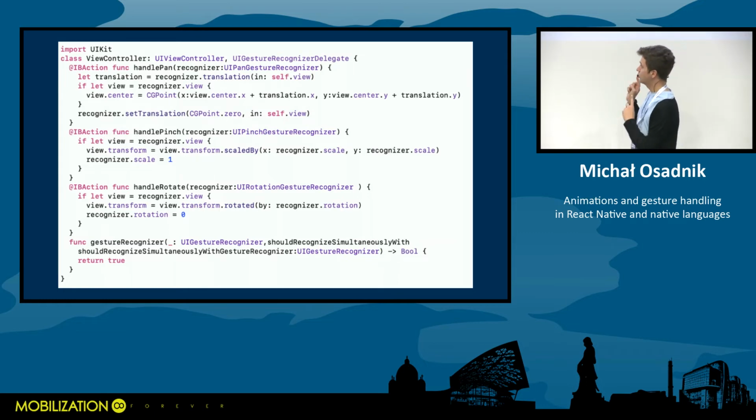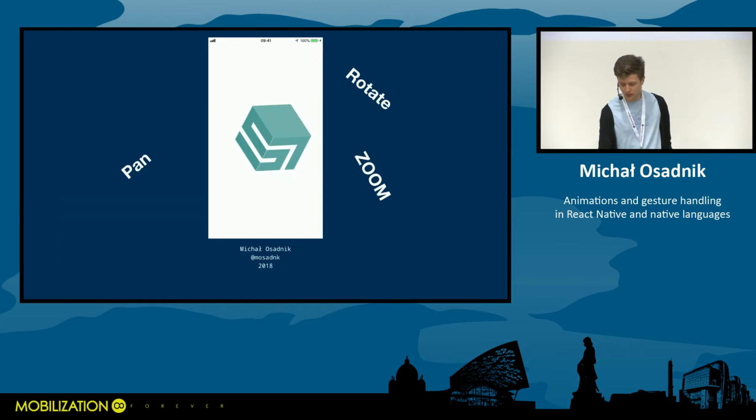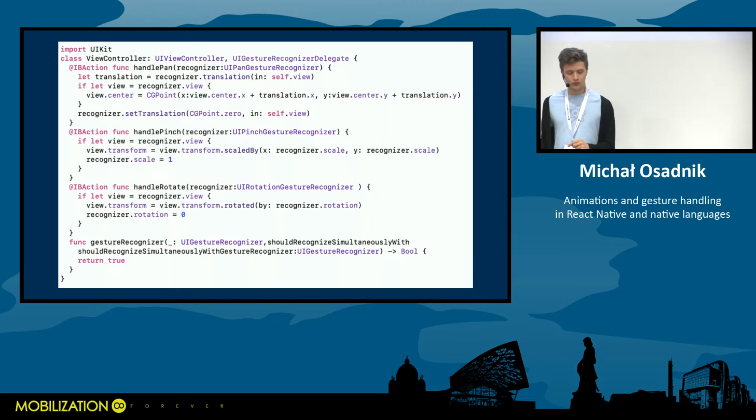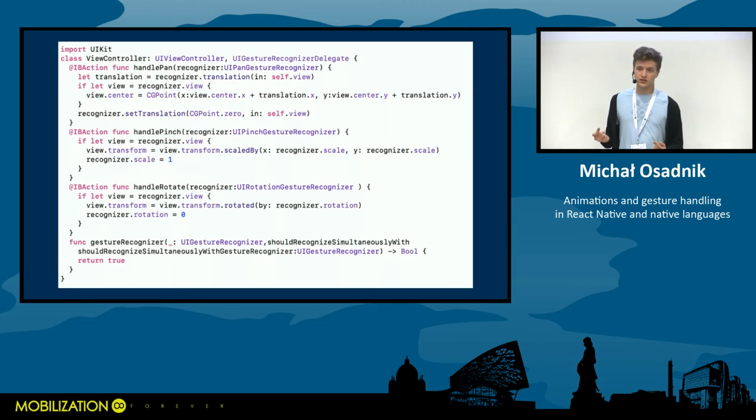Yes, it's all the code I have to write in order to make this example. It's everything I have to do in order to make it runnable. So this code is written on a very high and declarative level. As you can see, in this code, I do not really care about handling panning, or pinching, or whatever. I just say I wish to do it, and it is being done.